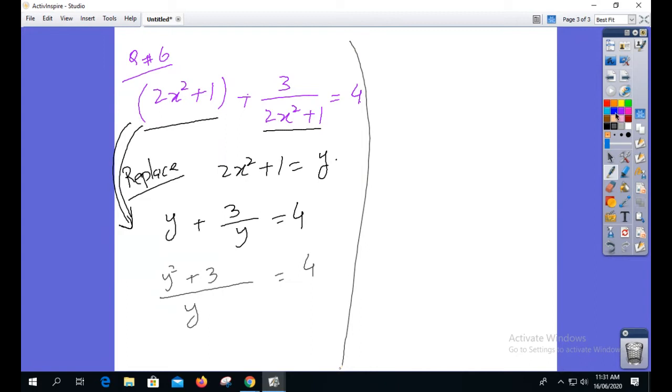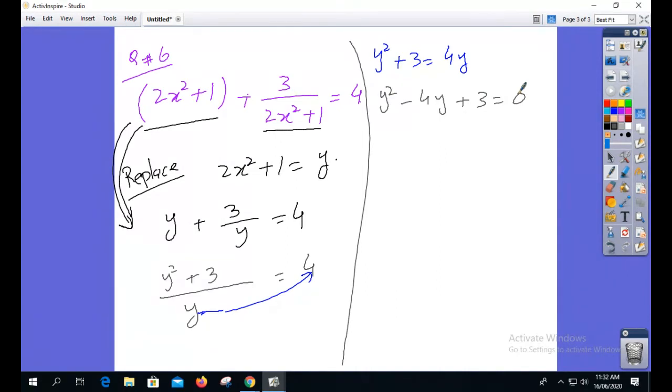Now this y will multiply by 4 because here it's divide. So we have y squared plus 3 equals to 4 times y. Now we rearrange it, y squared minus 4y plus 3 equals to 0.